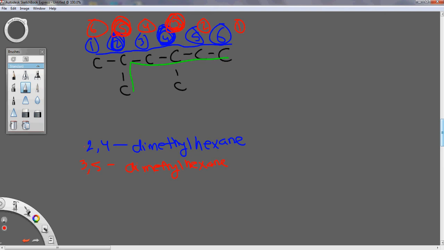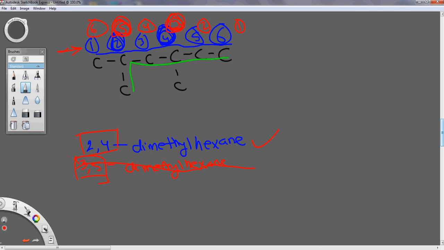So as we see, the name in blue gives us the smallest numbers, which is what we want when it comes to naming. This one gives us larger numbers. It's the incorrect answer. So it was important that we remember to number these from left to right.